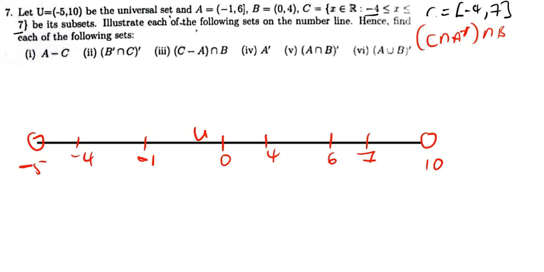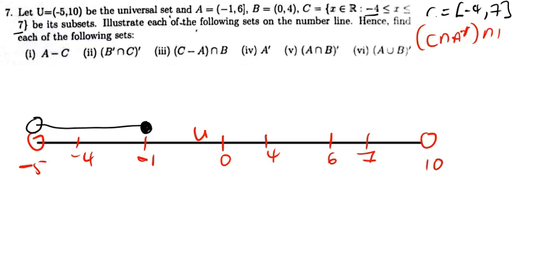In simple terms, let's start with A complement. Initially, A is 0 all the way to 4. It is not included, meaning that the complement part will be included. So starting from this point, going to this side, included, that is A complement. I'm talking about A, starting from -1 all the way to 6. -1 is not included, meaning the complement part is included. So starting from -1 going to -5.